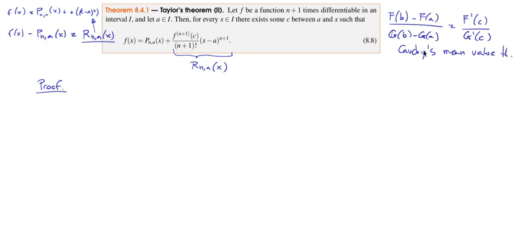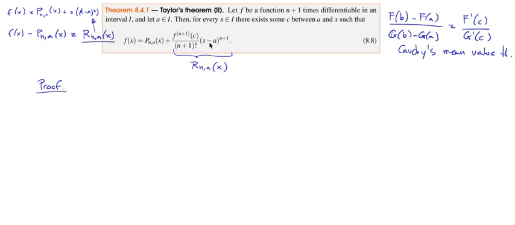Okay. Now the idea of the proof is to define some functions capital F and capital G, so that this fraction in Cauchy's theorem is equal to the difference between f and the polynomial divided by (x minus a) to the n plus 1.